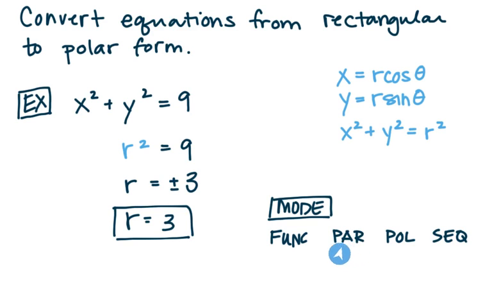Parametric is where we deal with functions x and y that have a separate parameter t. Polar is where we deal with r and theta.